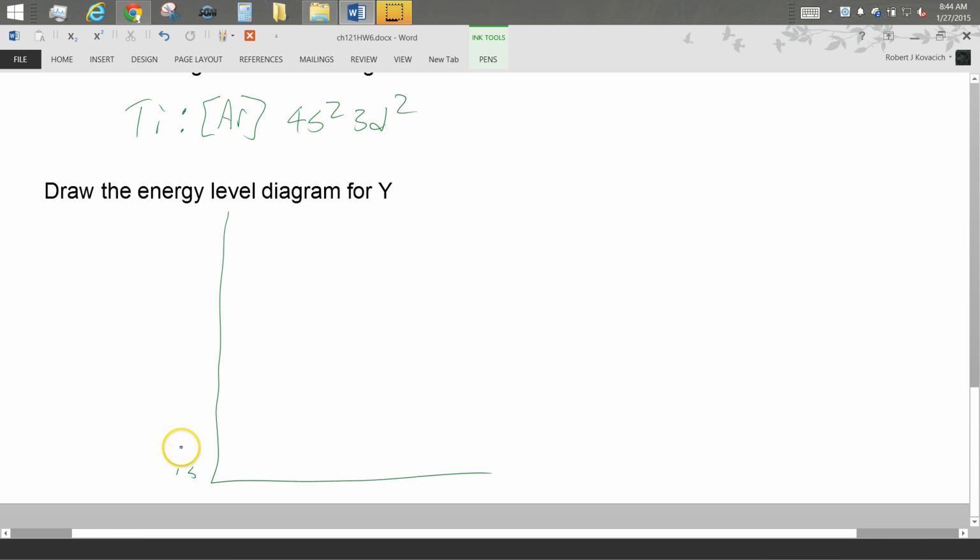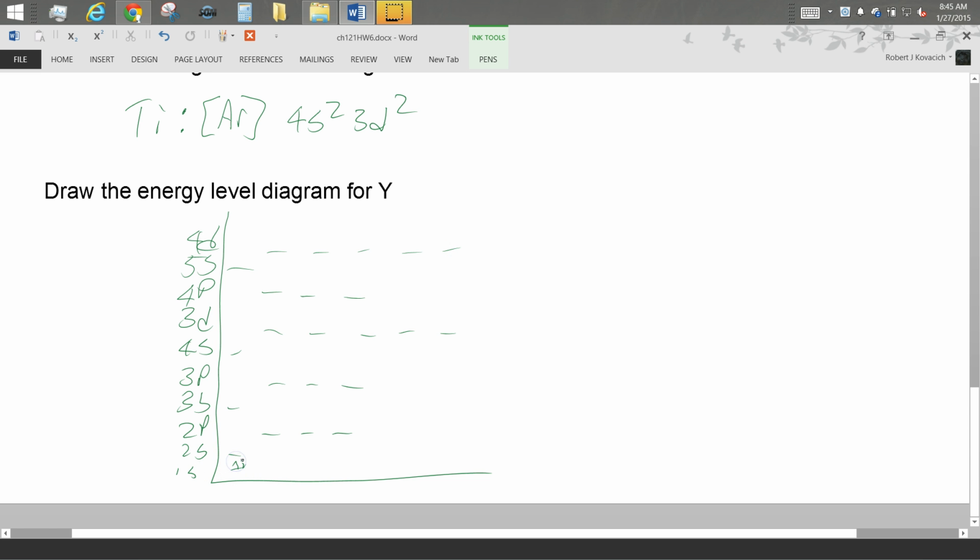So 1s, 2s, 2p, 3s, 3p, 4s, 3d, 4p, 5s, 4d. Yeesh. So one line, one line, one line, one line, one line, 3 lines, and 1, 2, 3, 4, 5. 1, 2, 3, 4, 5.